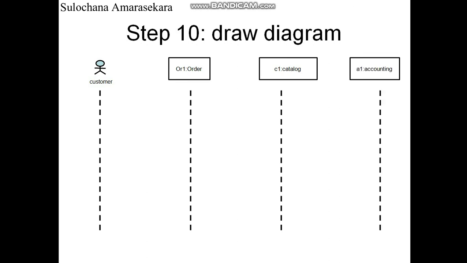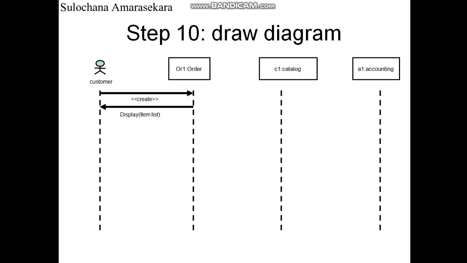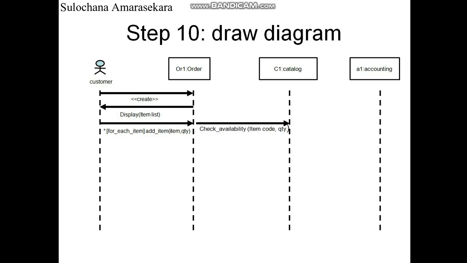Now it is time to display message passing. First, create. Here I use the synchronize message symbol, and the arrow represents the sending direction. Next, the display item list message. Then add item iteration. After that, the checking availability message is sent from the order class to the catalog class.